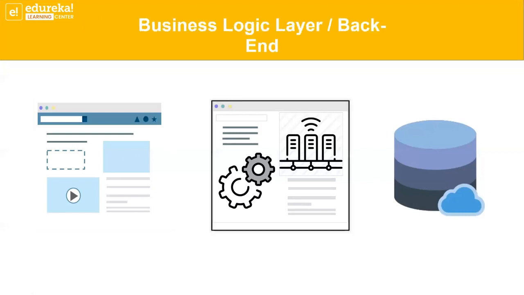Next comes the business logic layer. This is the layer where, if somebody is requesting or submitting data, we decide what to do with it and where to place it, whether the person is authorized to do so, or whether the person is genuine. These kinds of activities are conducted in the business logic layer.